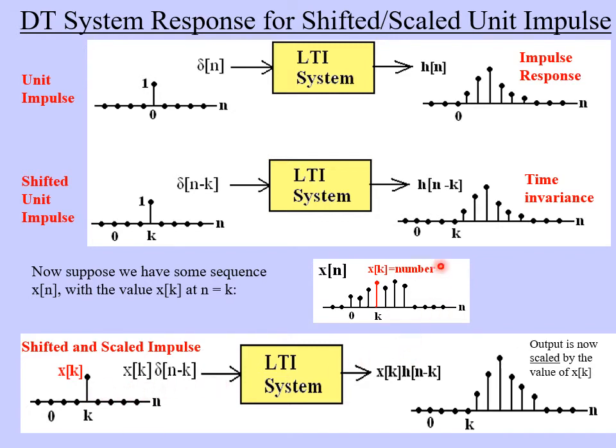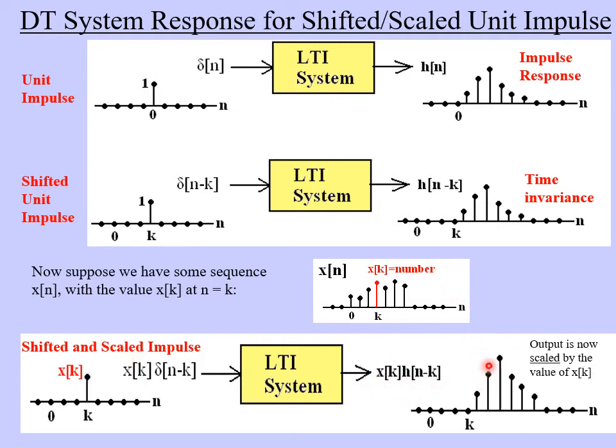So what does that do to the output right here? Well, this output now gets scaled by the value of x of k. This is linearity. Remember, if we multiply our input by some number, the output gets multiplied by the same number.